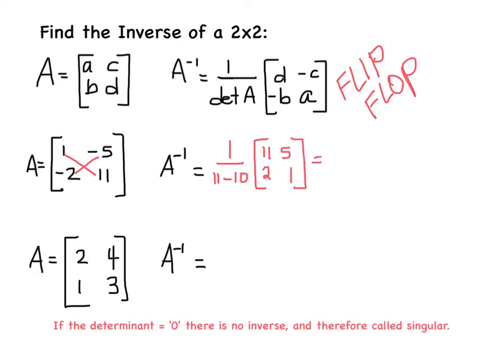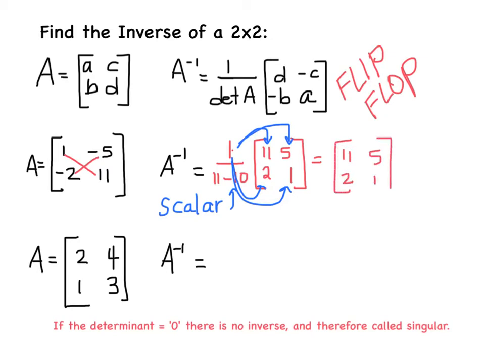I'm going to multiply 1 over 1 times this matrix. This, don't forget, is called a scalar. I'm going to multiply each element by that guy, but since it's 1 over 1, nothing's going to change. So my inverse is going to be 11, 2, 5, 1.